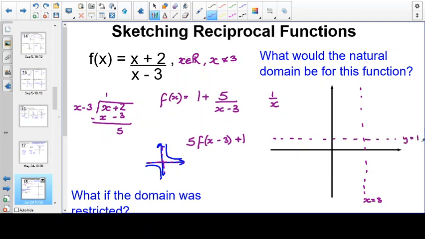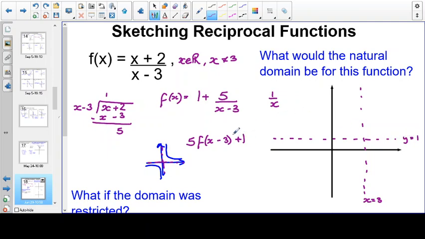So in terms of the sketch, this number is pretty much irrelevant. It's this that's going to tell us that horizontal asymptote. So this is the vertical asymptote, which we get from the domain. This is the horizontal asymptote, which is going to be our range ultimately.